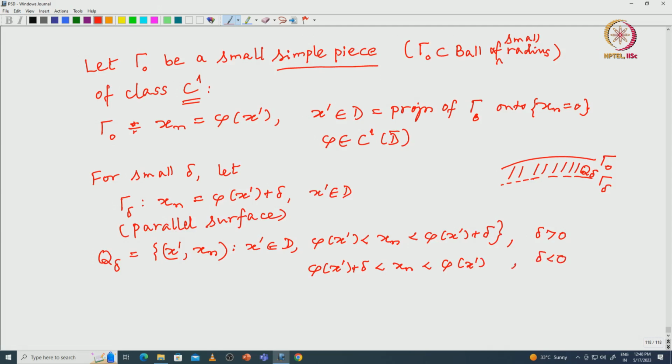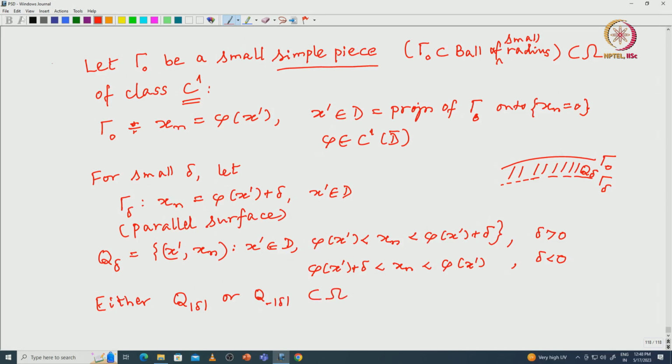Okay. So, remember these are all in omega. Okay, I forgot to tell that. So, they are all in omega, these surfaces. Okay. So, for delta small, one of them, either Q mod delta or Q minus mod delta, is in omega.